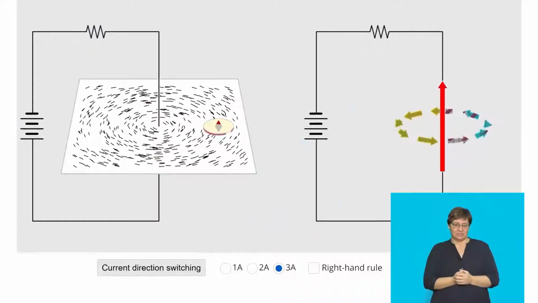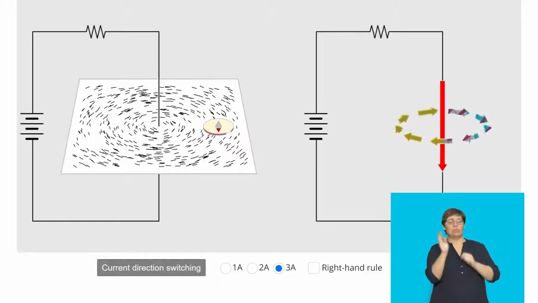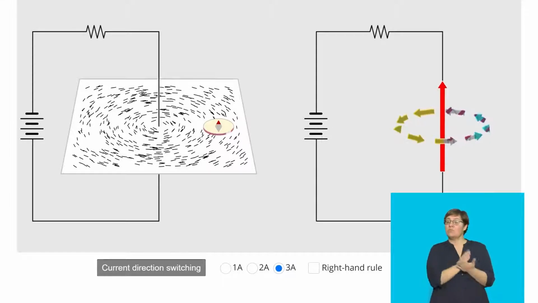But one of the other things we could do is we could change the direction of the current. Now the pattern doesn't change, but what does change? Have a careful look. Look, the direction that the compass needle was pointing in changes. And I want to just make sure we've got that in terms of using the right-hand rule.